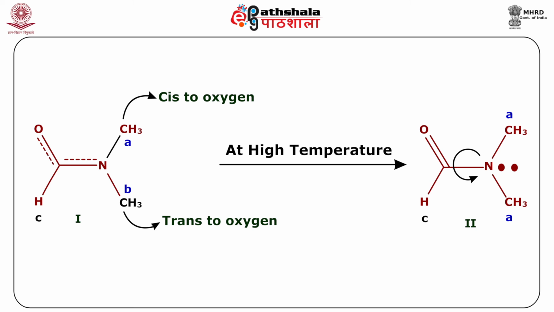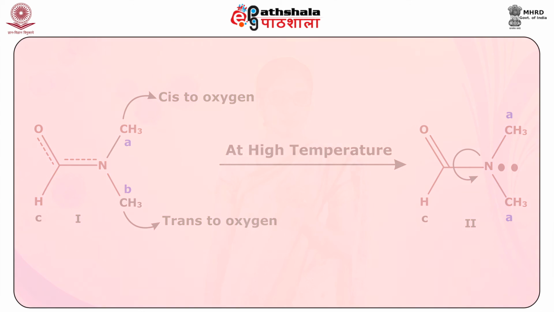However, the rotation is restricted to some extent because of some double bond character between carbon and nitrogen in the amide bond. The double bond character arises due to the resonance between the unshared pair of electrons on nitrogen and the carbonyl group. You can see the partial double bond character in the amide bond in this equation.